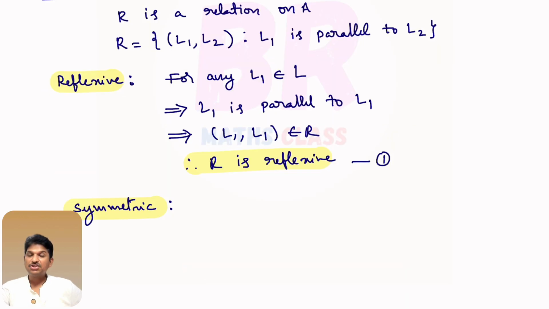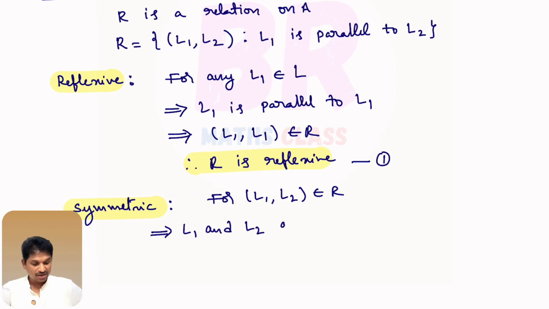Now the symmetric relation. For that, I'll take one ordered pair (L1, L2) belonging to the relation. When (L1, L2) belongs to R, this itself says that lines L1 and L2 are parallel. If lines L1 and L2 are parallel, what do you say about L2 and L1? 100% they are parallel.